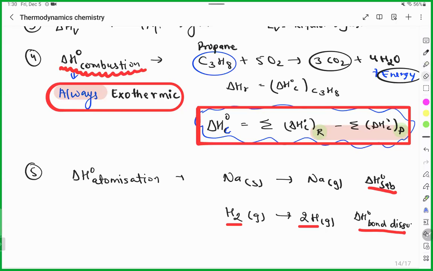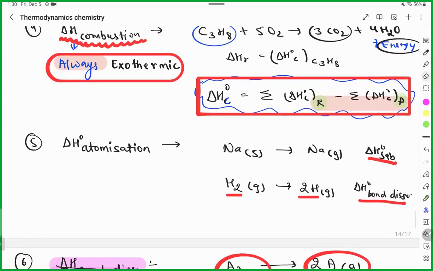What are the two conditions where you have reactant minus product?